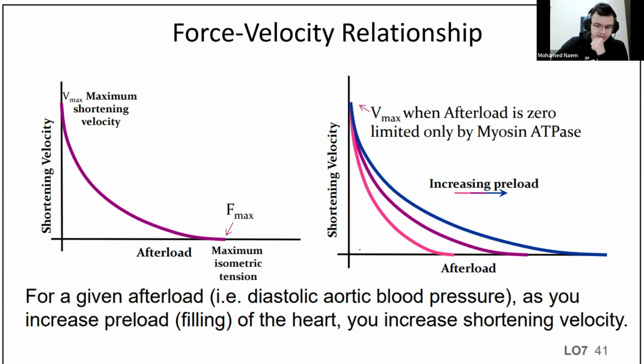Which one is the new shortening velocity curve, one or two? When we increase the preload, it basically just moves to the right, so it's going to be one. You get the concept? This is probably 90% of how the question is going to be.